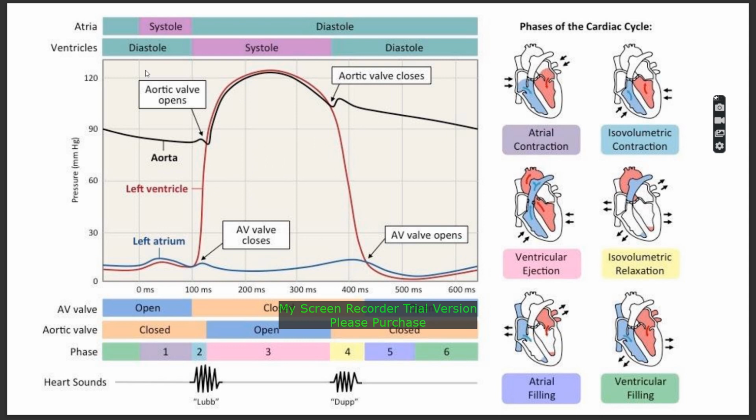In the atrial systole, we have the higher blood pressure in the atria. In the atrial diastole, atrial pressure is low, right? Here you can see in the left atrium the pressure is high, but in the left ventricle the pressure is low in the atrial systole.